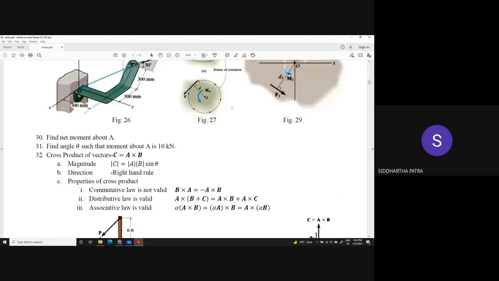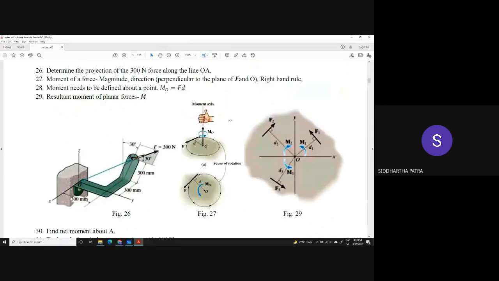Okay. So let's say if I have more than one force on a given plane, then actually I can simply add the moments formed by them.